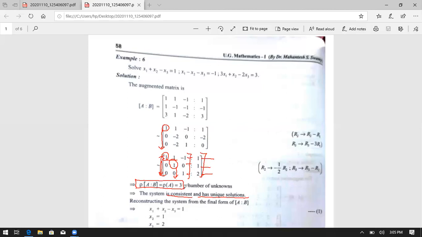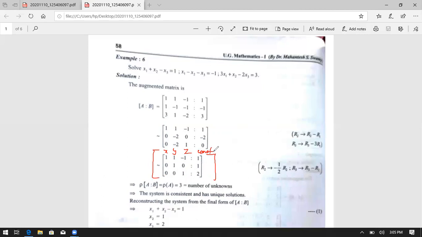The unique solution means the next step is to reconstruct the system from the final form of AB. Reconstruct means you take the coefficients of this matrix. Don't confuse this: this is the X, this is the Y, this is the Z, this is the constant.